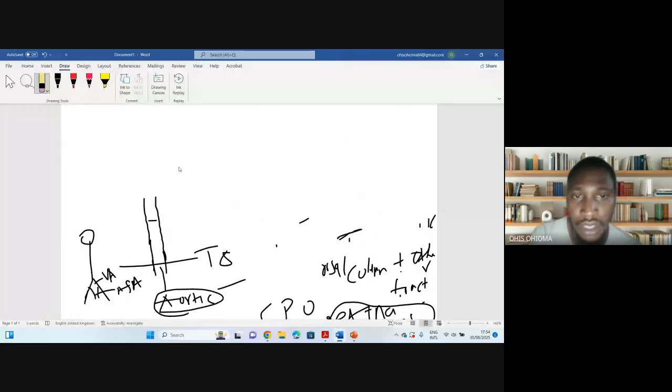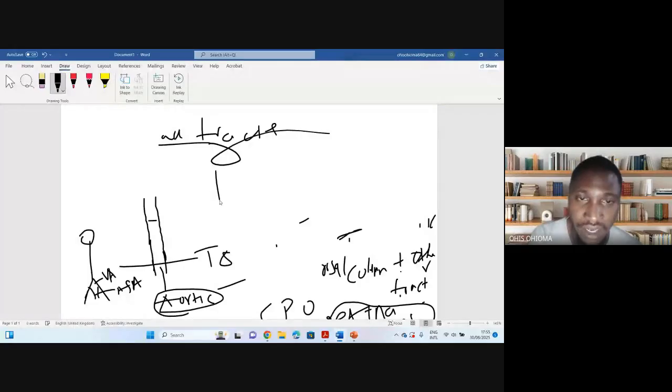So at the level of the lesion, all tracts are involved, basically. All of them are involved. So there's ipsilateral involvement of all the tracts at the level of the lesion. But there are certain tracts that cross at the medulla.